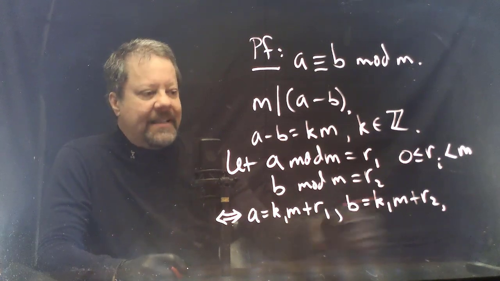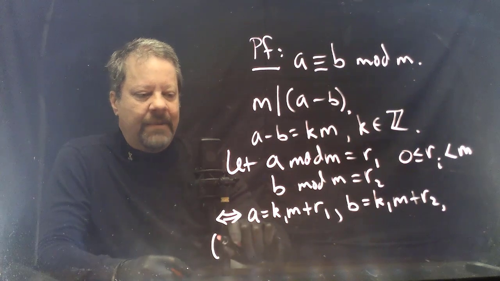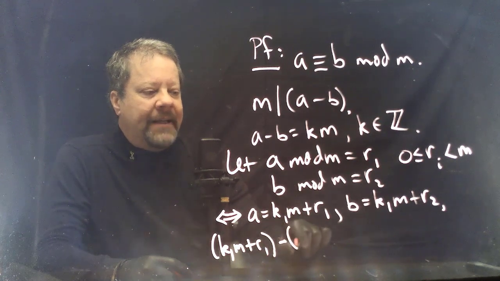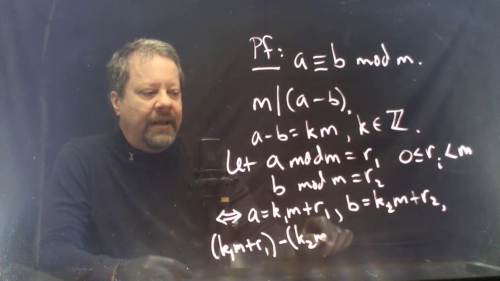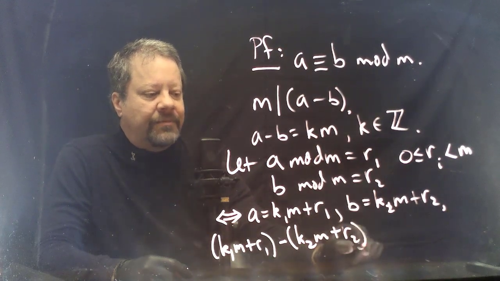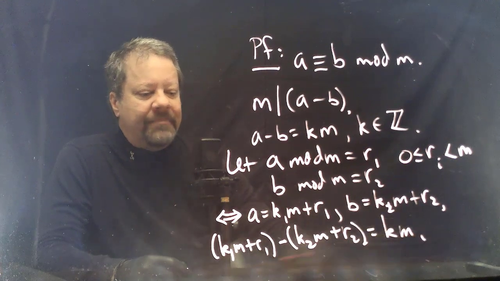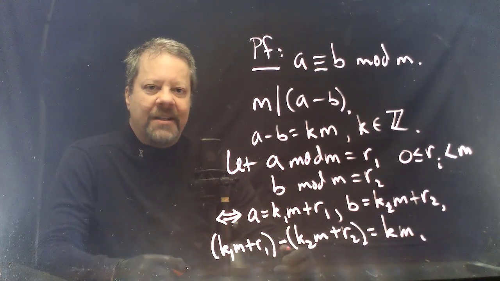Now let's plug these things back up into here. A minus b, that's going to be k1m plus r1 minus k2m plus r2 equals k times m. And let's see what happens when we rearrange these numbers.